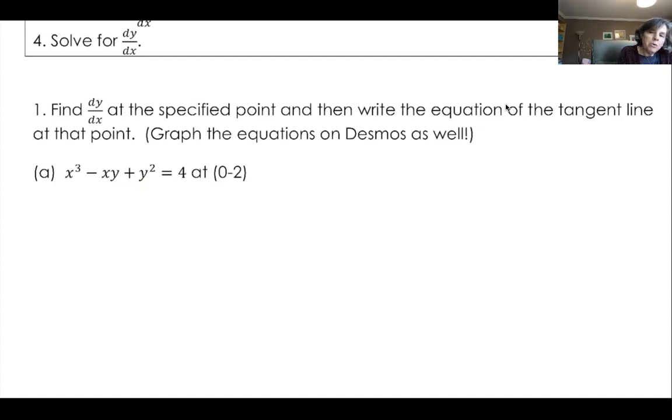All right, so remember we're differentiating with respect to x. So x cubed is just 3x squared. Now, right here, xy, y I'm going to think about as a function of x. So I've got to use the product rule here because it's the minus x times y.